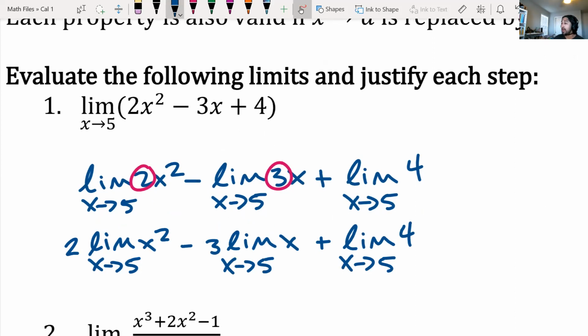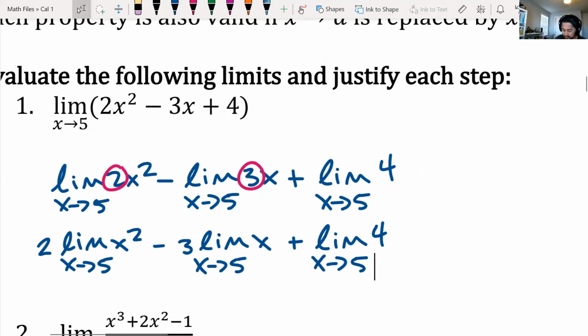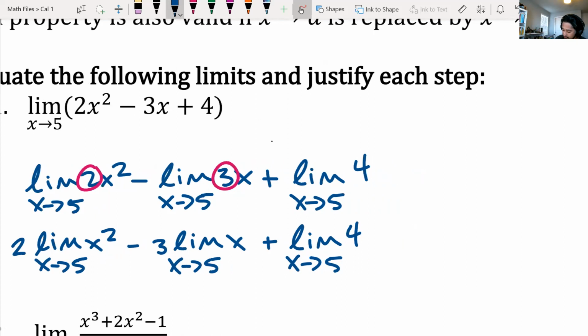Okay. And now all that is left is plugging in what number for x? 5. So this will become 2 times 5 squared minus 3 times 5.